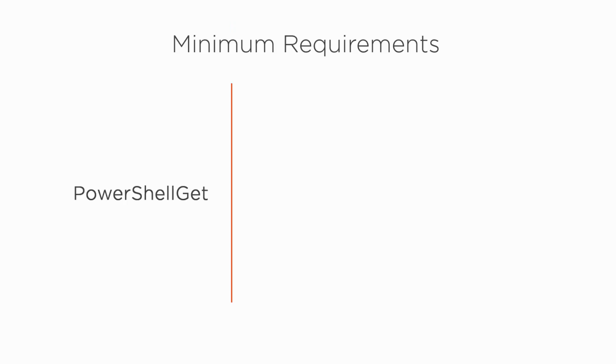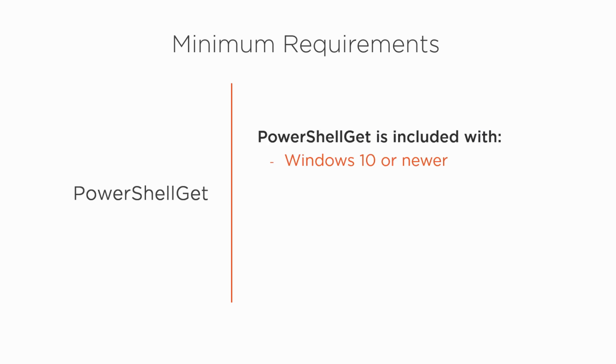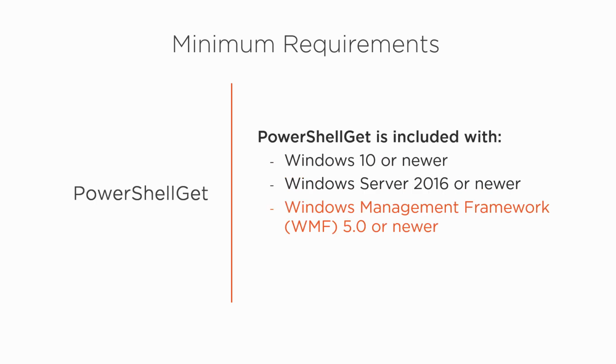Chances are, as an IT pro, you probably already have it, as PowerShellGet is included with any Windows 10 or newer operating system, Windows Server 2016 or newer, if you have the Windows Management Framework 5.0 or newer, or if you have PowerShell 6. So chances are that you already have PowerShellGet on your computer.